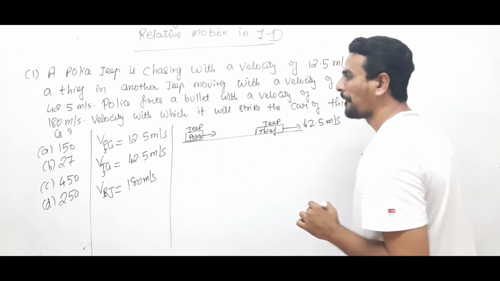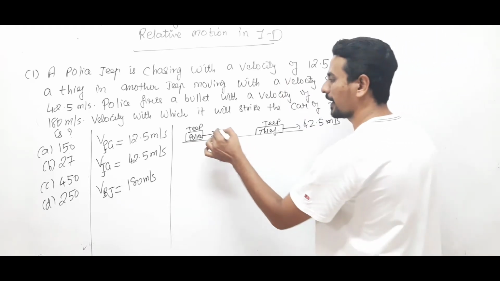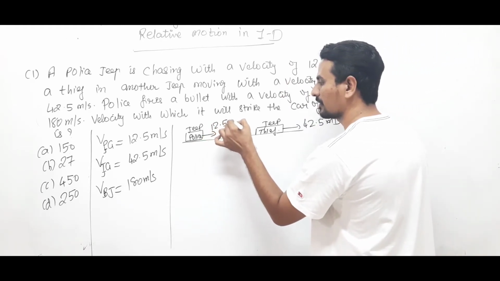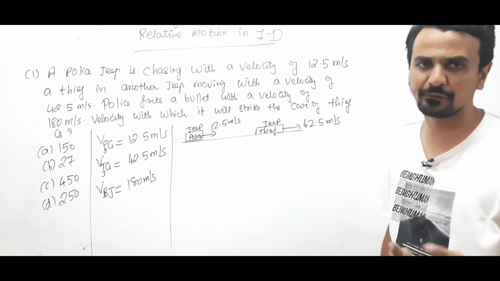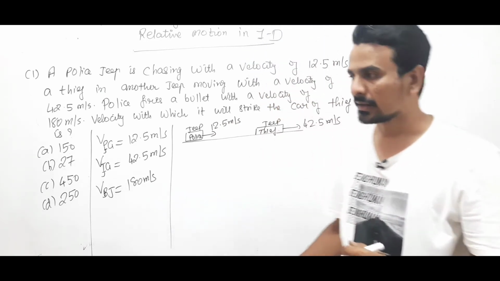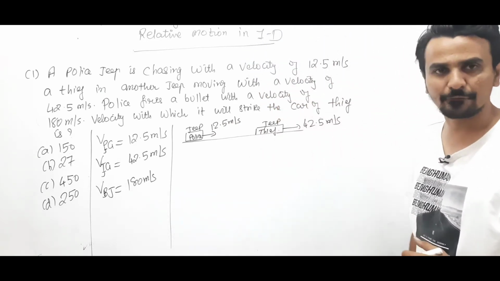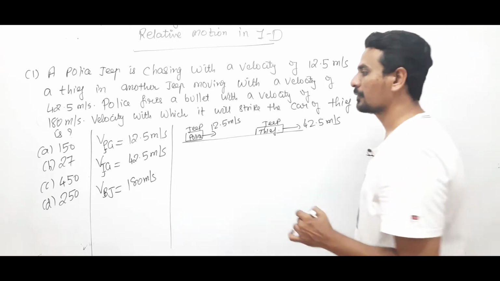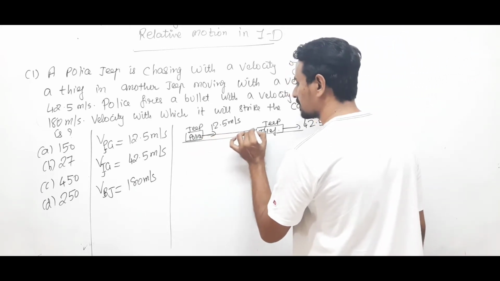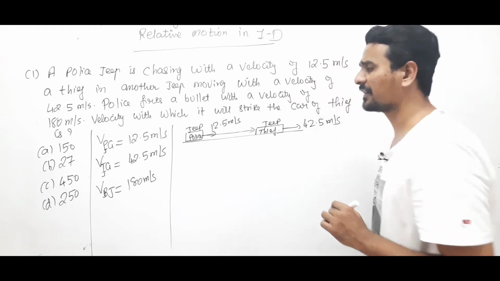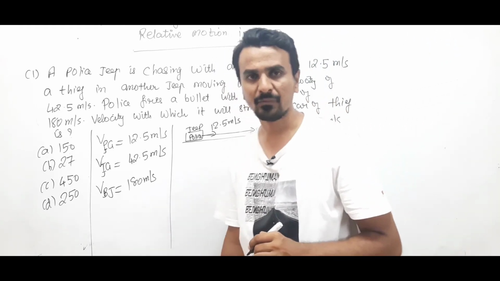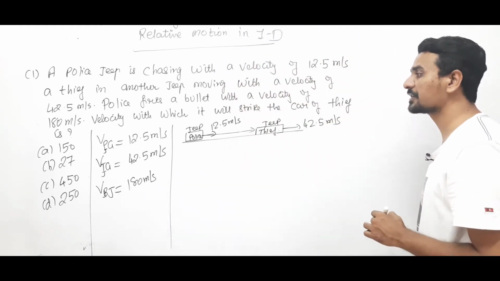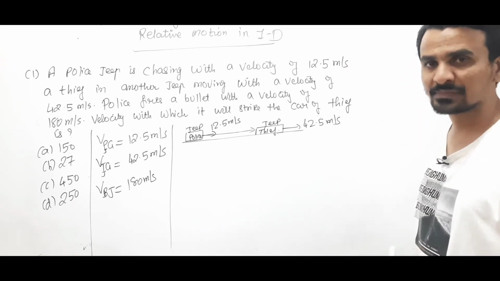The police is moving with a velocity of 12.5. So the police is in a jeep which is moving with a velocity of 12.5. The thief is in a jeep which is moving with a velocity of 42.5. Now the police fires a bullet with a velocity of 180 meter per second. You have to calculate the velocity with which it will strike the car of the thief.